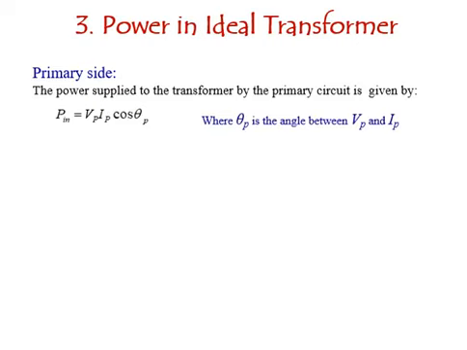On the primary side of the core, the power supplied to the transformer is given by P in is equal to voltage on the primary side Vp times current on the primary side Ip times cos theta p, where theta p is the angle between this voltage and current.